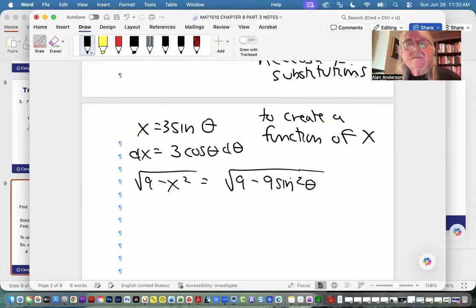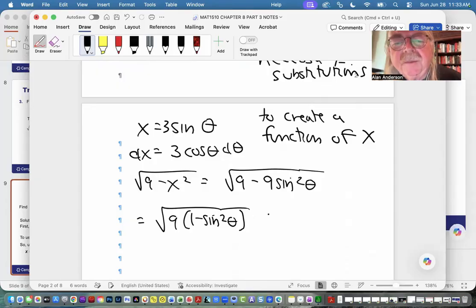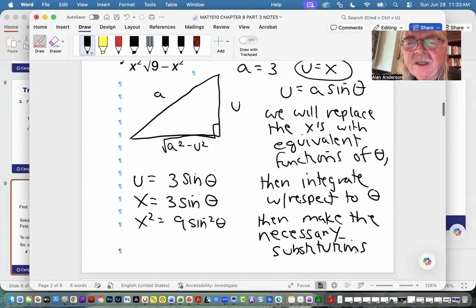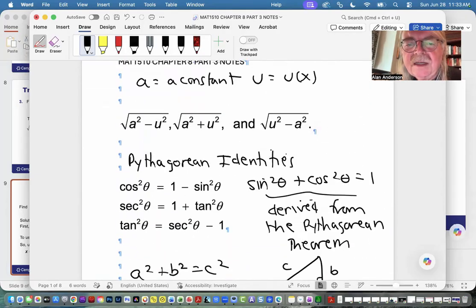Now, this one can be simplified even further. You might say to yourself, well, how do I take the square root of this? You don't. But you go back to the Pythagorean identities and you say, hey, wait a minute. 1 minus sine squared theta equals cosine squared theta.